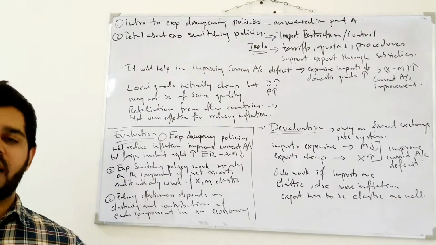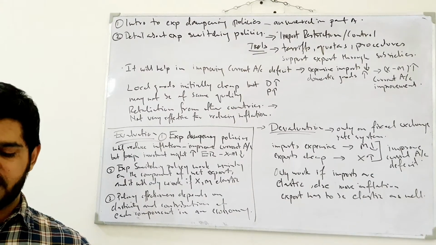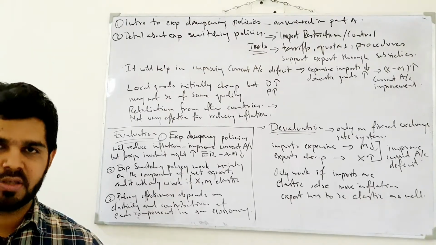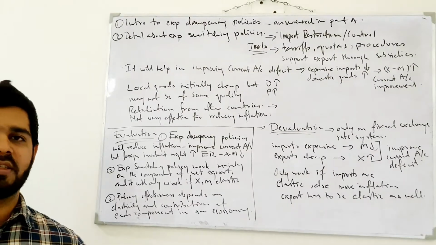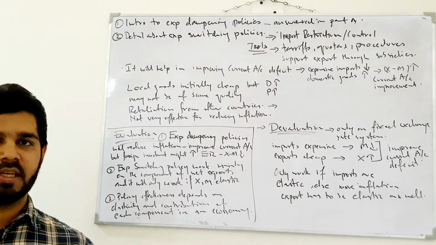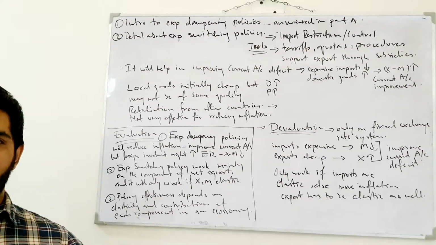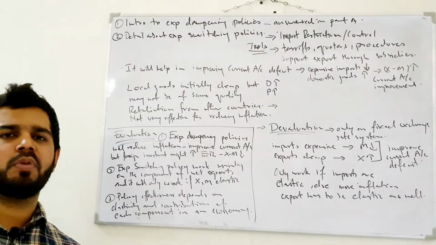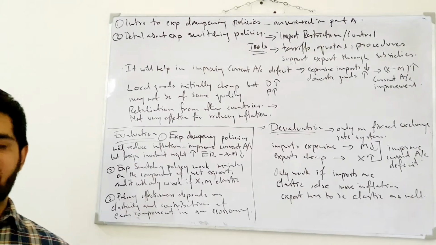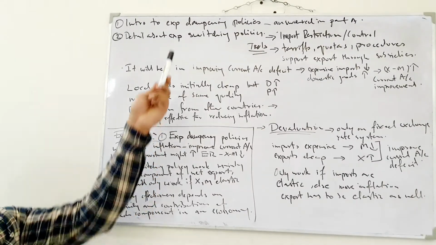You can just say that expenditure dampening policy is related to expenditure reducing measures, which include the contractionary fiscal policy and contractionary monetary policy. And you'll just explain that government impose more taxes, they reduce their expenditure, the interest rate is high, and everything that we have written in part 1 you can just briefly explain there.